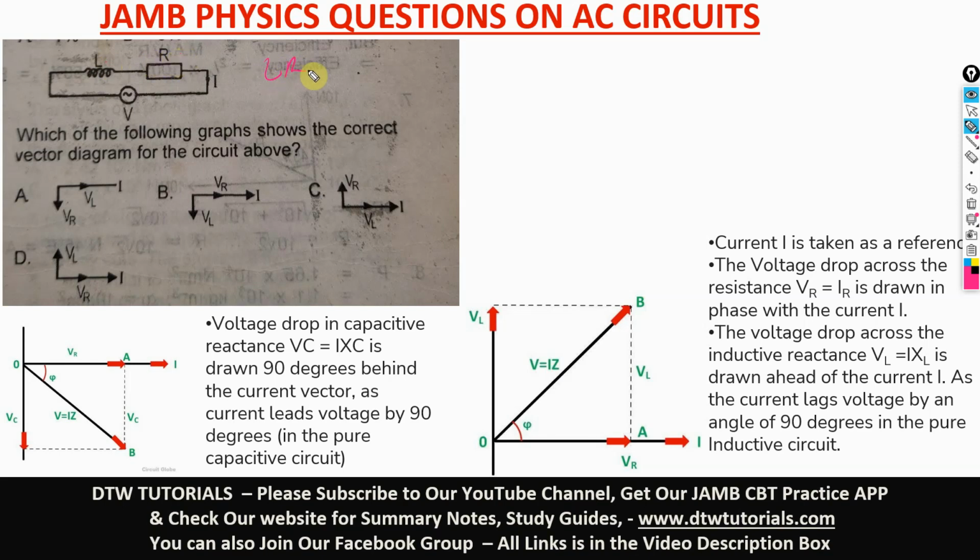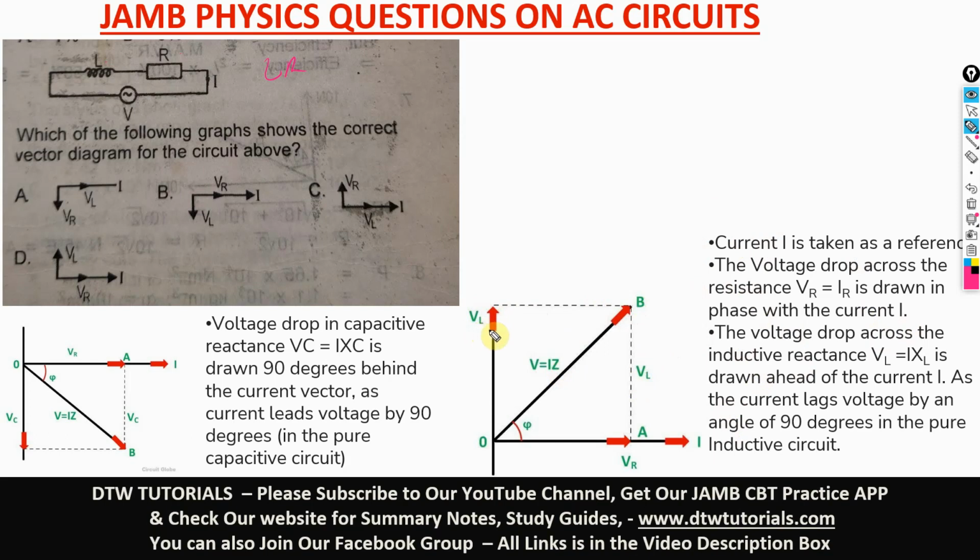So this is an LR circuit. In an LR circuit, you have different diagrams. You can see here, I've put two things that we need to know. So this is a diagram for an LR circuit.